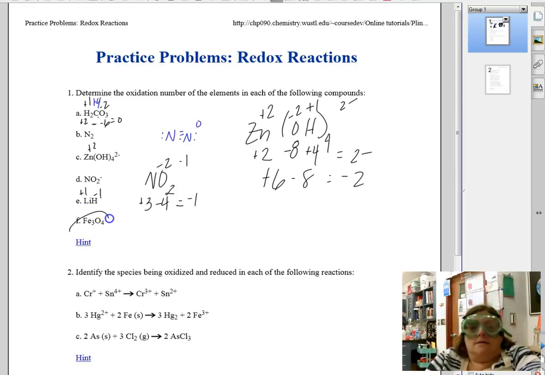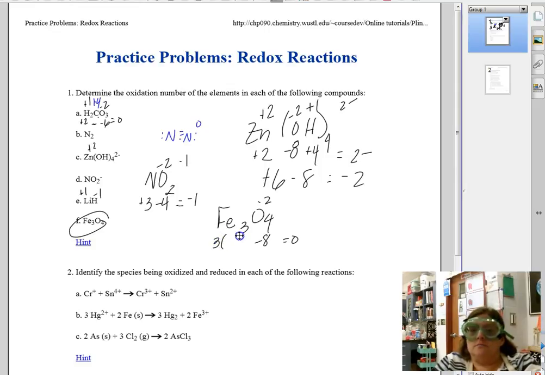All right, this one. He's tricky, okay? Oxygen's always a negative 2. We have a negative 8. We have 3 irons. So 3 times what will give you negative 8? Well, 8/3 would, but that doesn't make any sense.